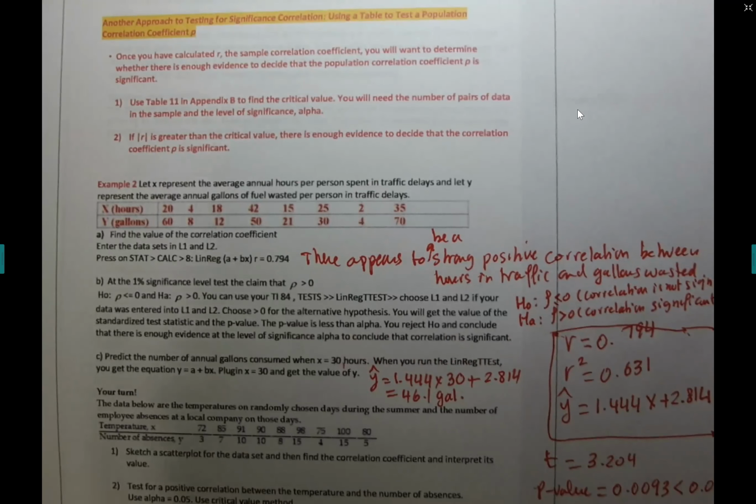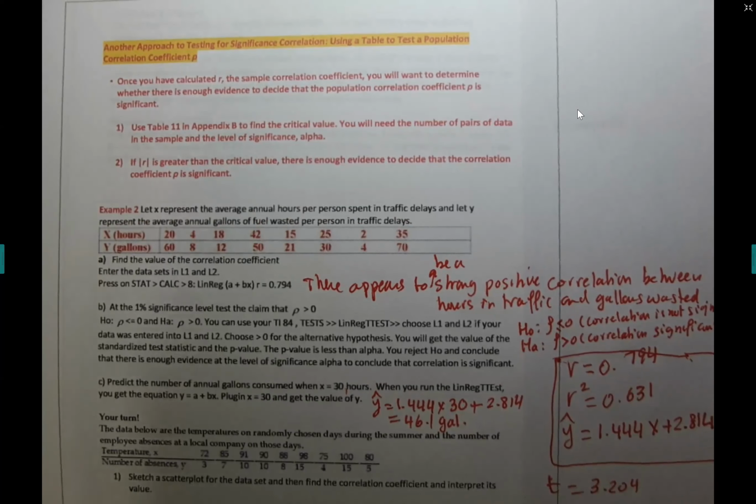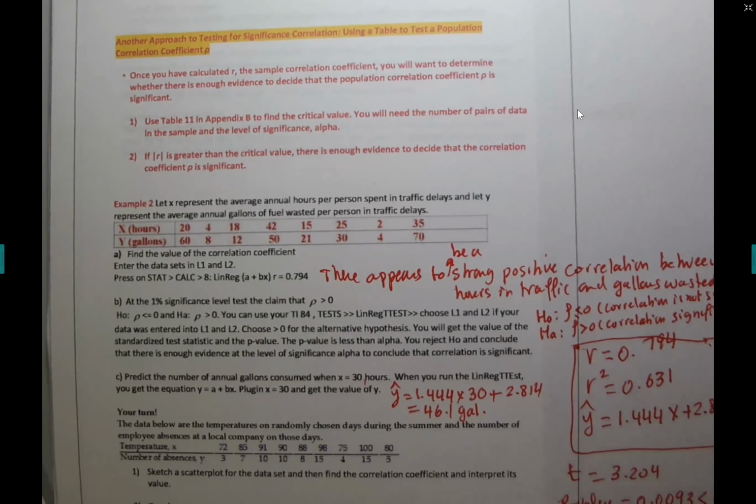Now, I'm going to ask you a question and I would like you to help me answer it. It's the same as part C. Predict the number of annual gallons consumed when X equals 50 hours. How would you do this? What would you do?